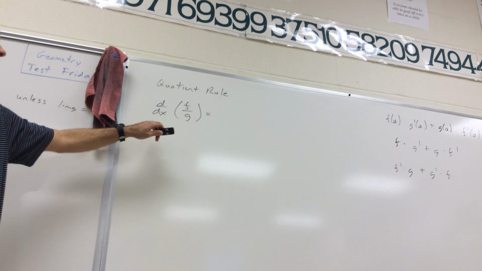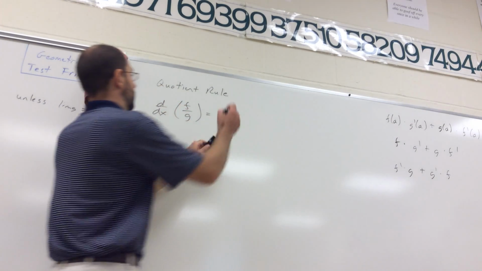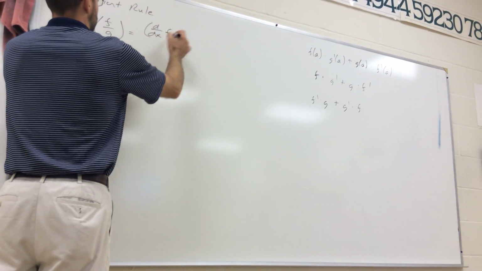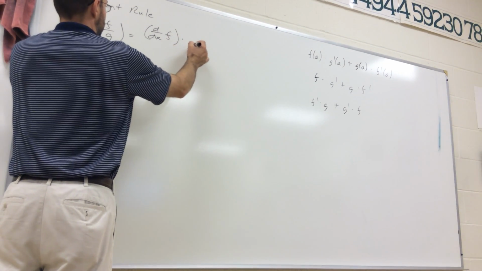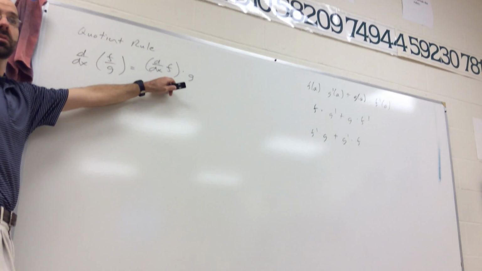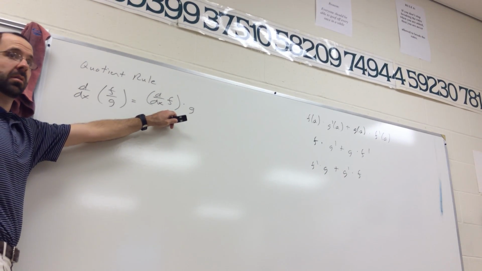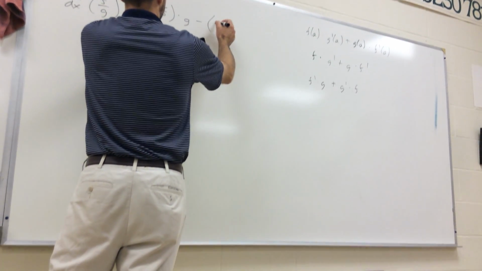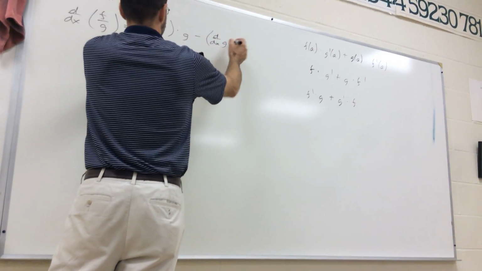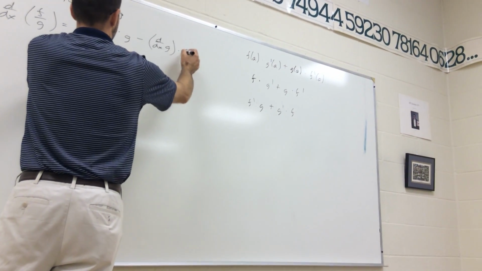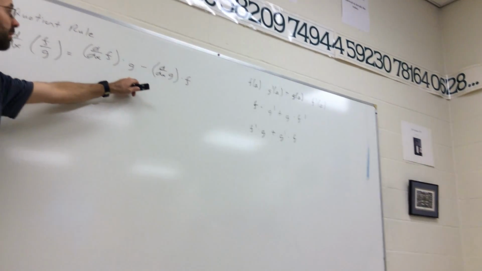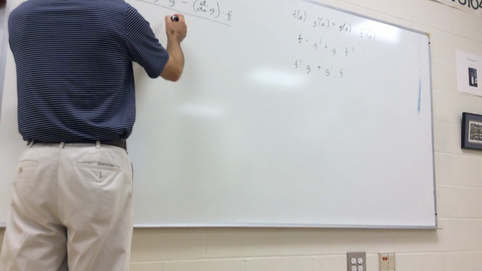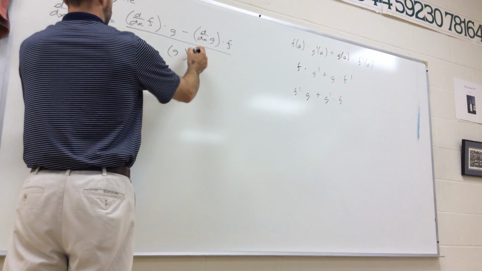Okay, so the way it works is you take the derivative of the top, times the regular bottom, and then there's a minus sign, and then you take the derivative of the bottom times the regular top, and then you divide by the regular bottom squared.